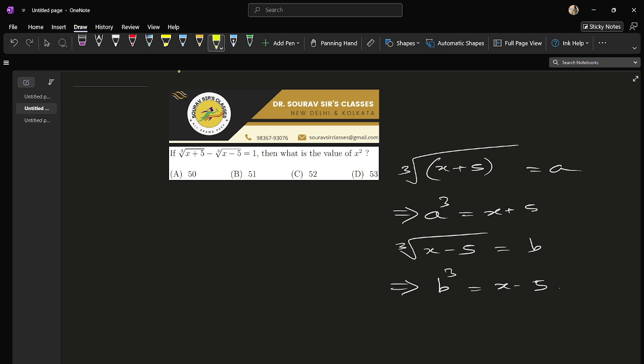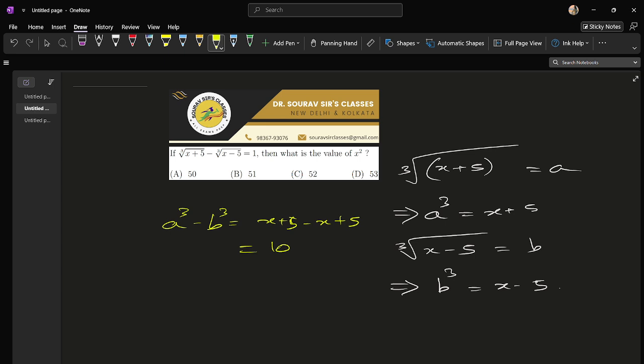So our a cube minus b cube will be x plus 5 minus x minus 5. Minus, so that will be plus. Yes, so we will get 10.